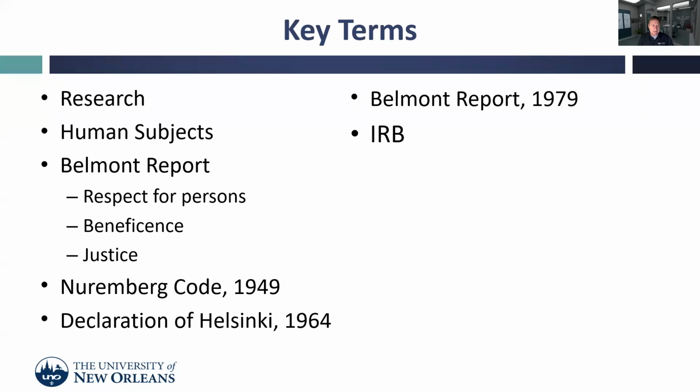But all of these things fell behind previous examples of human research where in some cases there were no boundaries. The Nuremberg Code of 1949 reflected how Nazi scientists had conducted extensive experimentation on human subjects that were Jews.